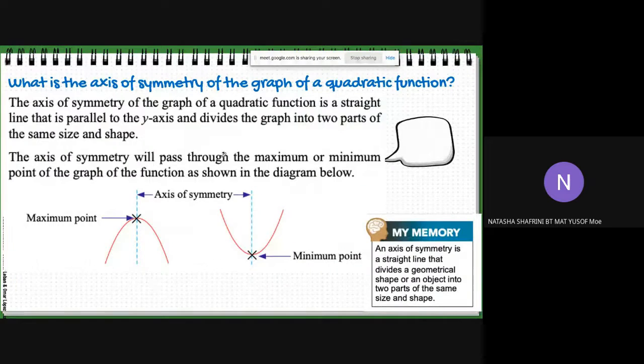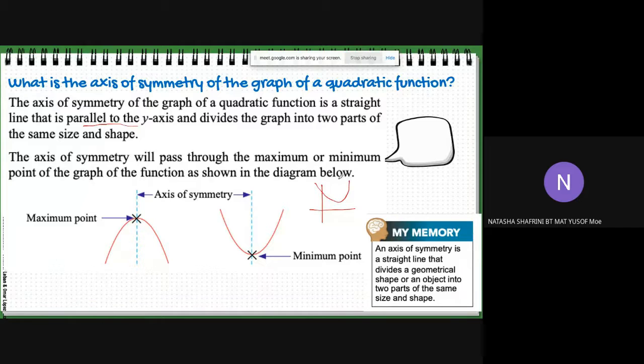Okay, what is the axis of symmetry of the graph of quadratic function? Okay, axis of symmetry tadi first you nampak yang cikgu tunjuk shape of graph, cikgu dah sebut dia adalah symmetry. Kiri kanan dia, bukaan dia sama besar. Okay, so tengok axis of symmetry of the graph of quadratic function is a straight line that is parallel to y-axis, sebab kalau kita graph you tadi, dia bentuk macam ni.